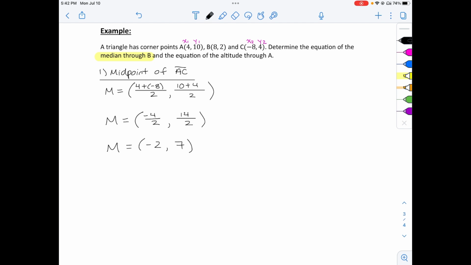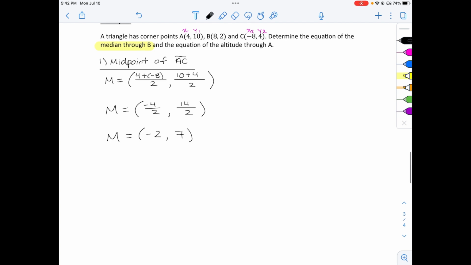That is the point that the median is going to go through. It's through B, meaning that the line is going to be connecting B and M. So my second step here is to find the slope of the line through M and B. If you wanted to write the coordinates here, B is 8, 2, and M is -2, 7.